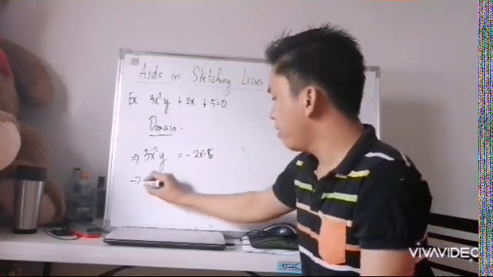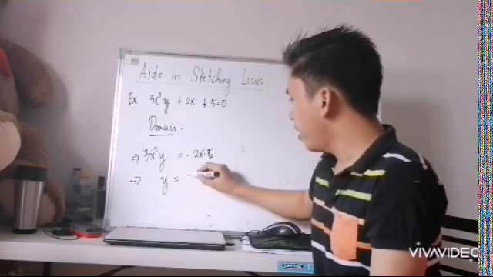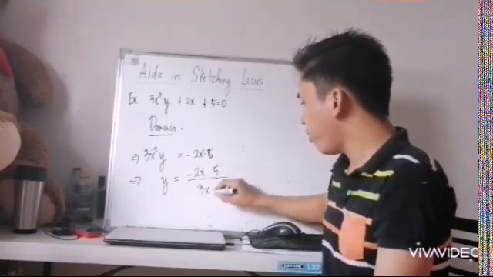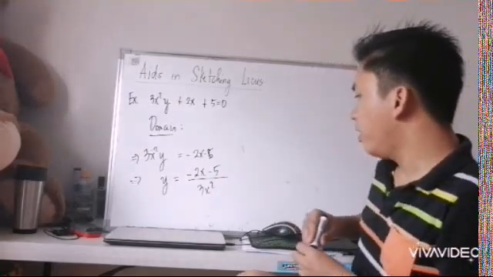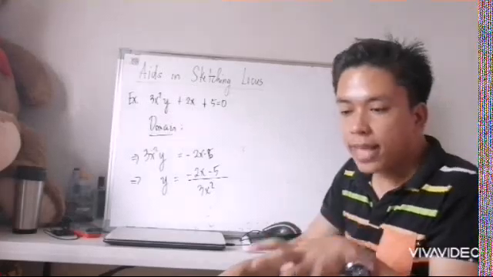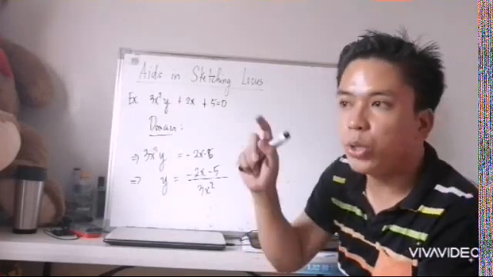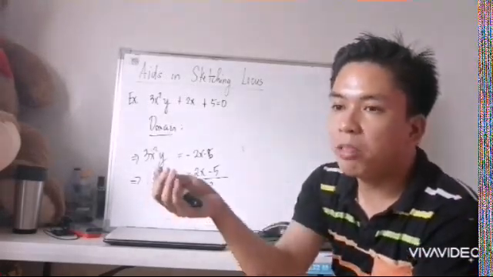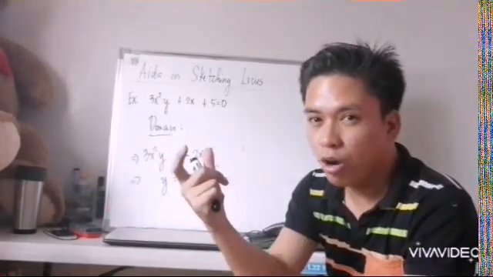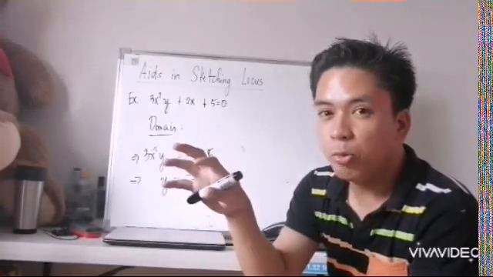So this becomes y equals (negative 2x minus 5) over 3x squared. We have to check the expression with respect to x, at which that expression becomes undefined, in order for us to know the value that makes the expression undefined, and we have to exclude that in our choice of getting the set of domain.